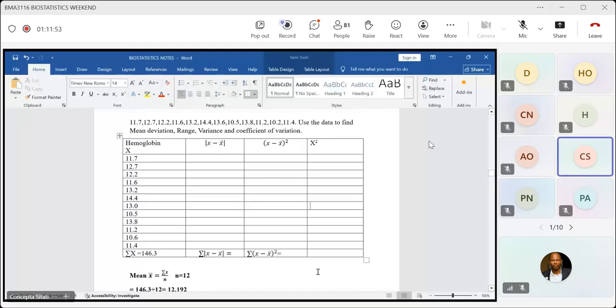By the way, what is the range? I've not heard you say the range. 4.2. Highest is 14.4 minus 10.2.